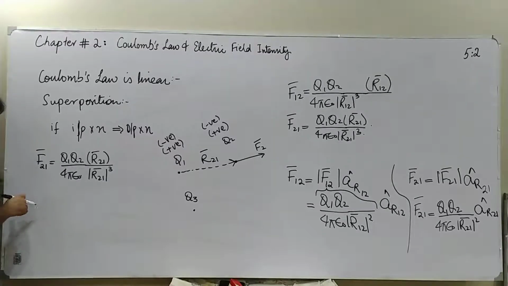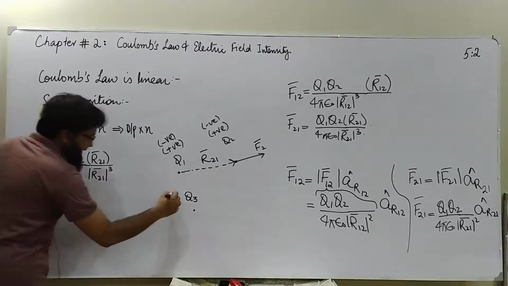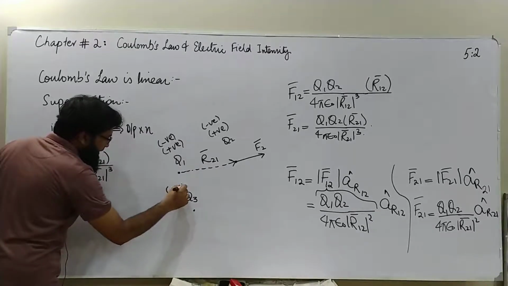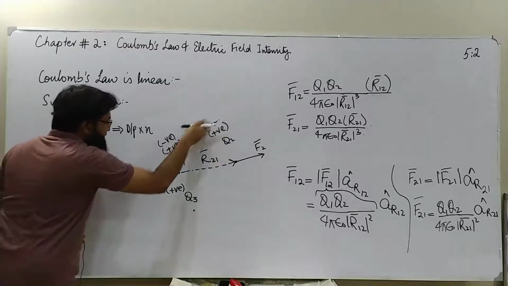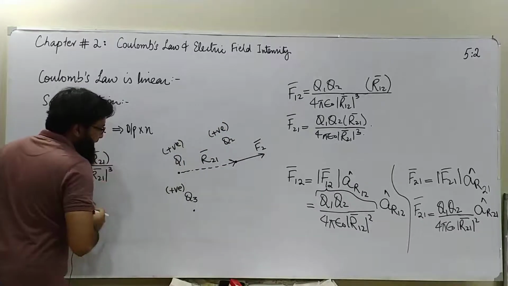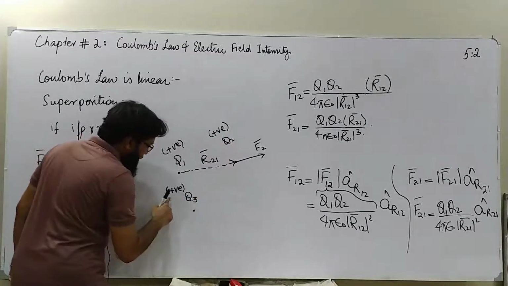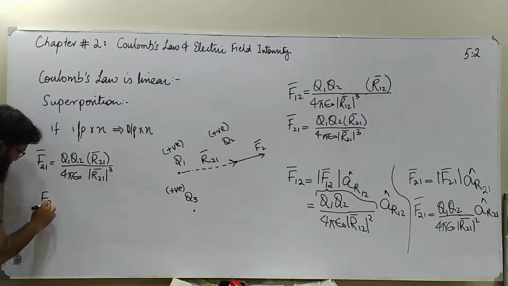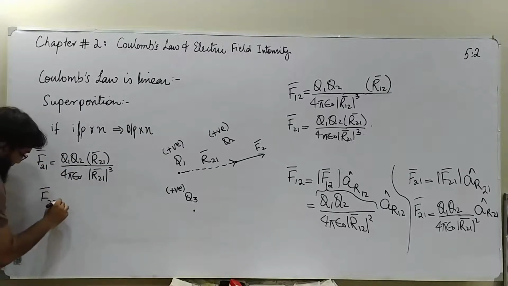Okay, force on 2 due to 1 is now this, and let's say again this charge is positive. If all are positive, then the force on 2 due to 3 should be evaluated.